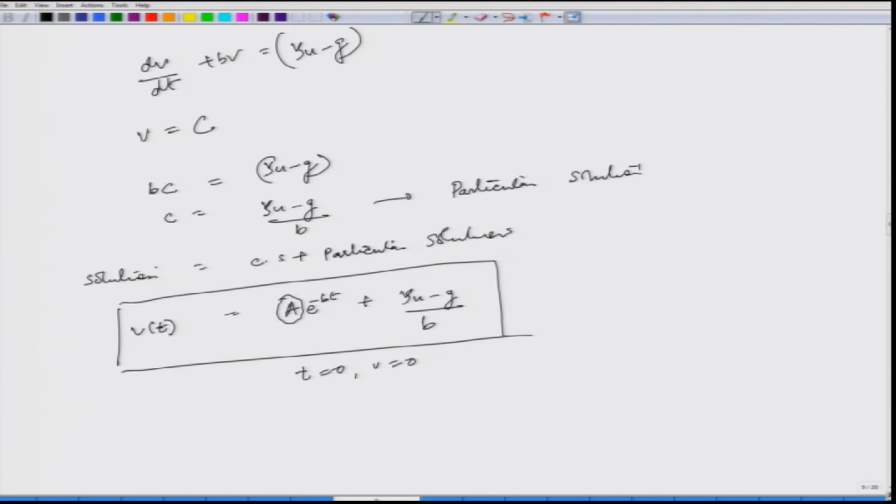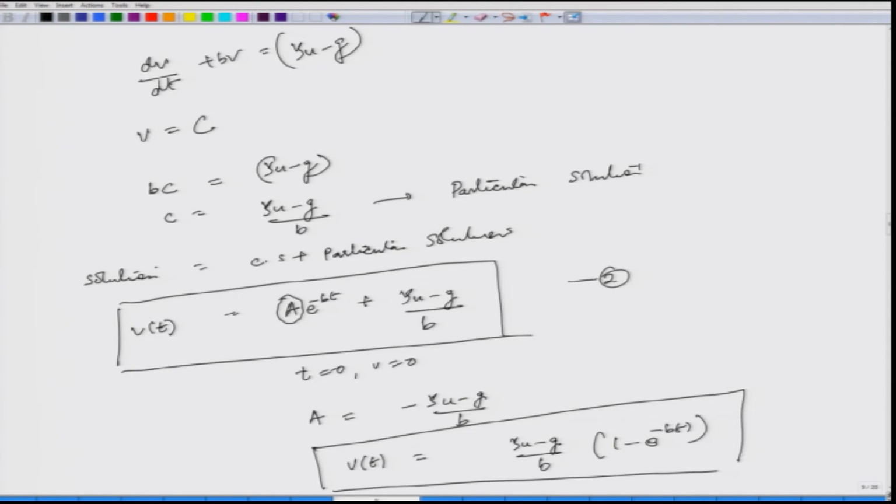So, let us put it back, and we get a as minus of gamma u minus g by b, from equation 2, and putting it back we will get that v at any time t is given by gamma u minus g by b times 1 minus e to the power minus b t. So, this is the solution. This is the velocity as a function of time t for the rocket, and this is the answer.